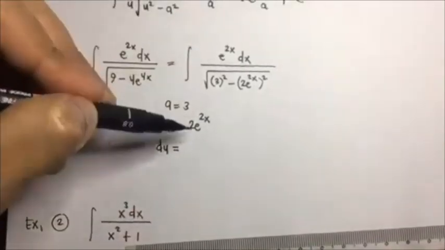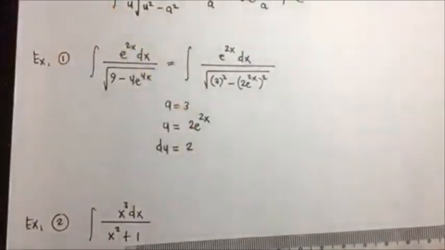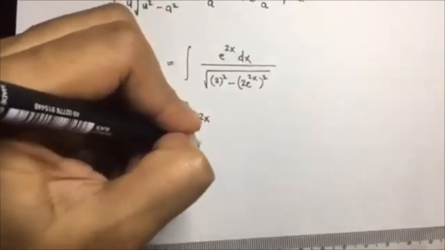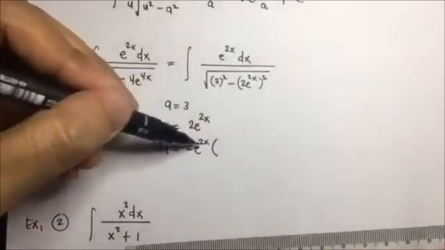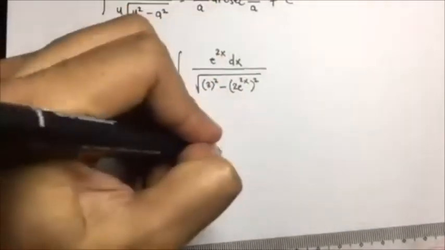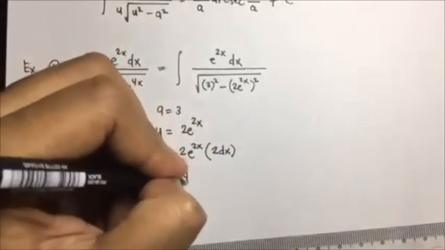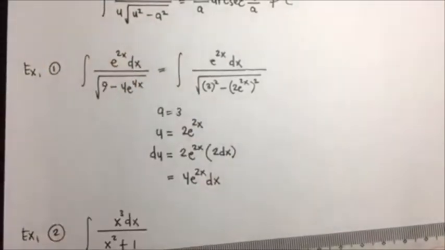So du is equal to, differentiating this, that will become 2, then the derivative of e raised to 2x, so copy e raised to 2x, and then multiply it by the derivative of the exponent, so we have 2 and then dx. So therefore our du should be 4 e to the 2x dx.